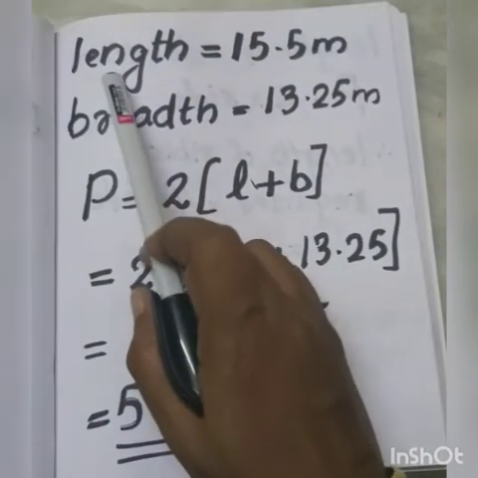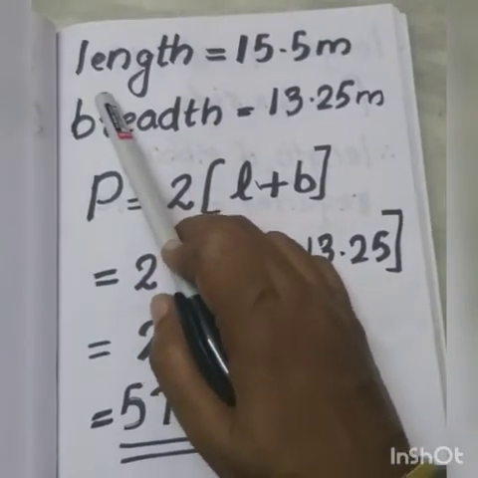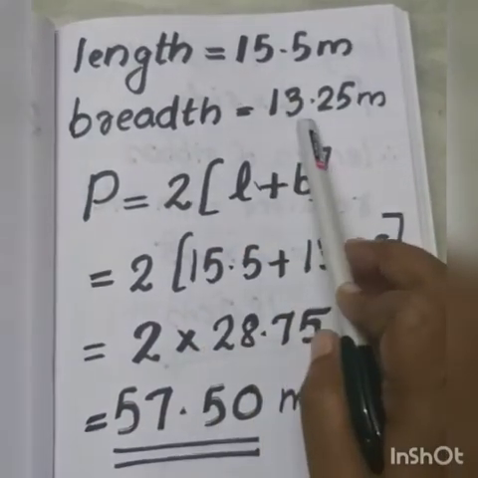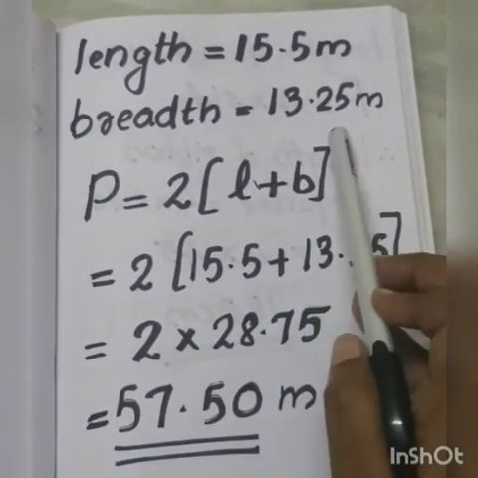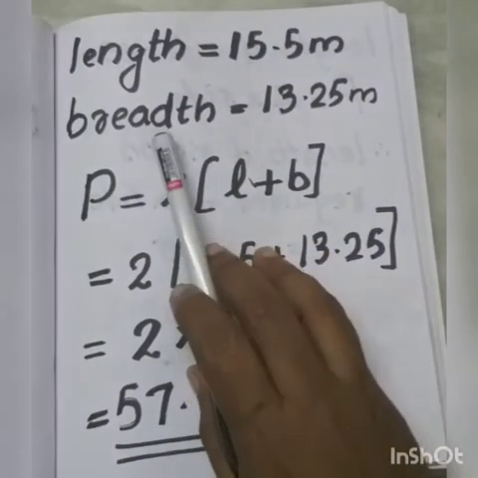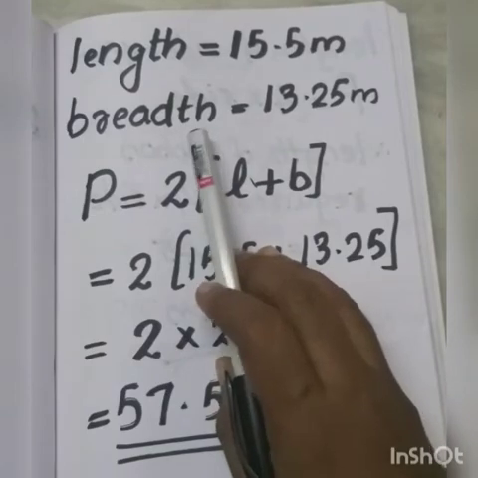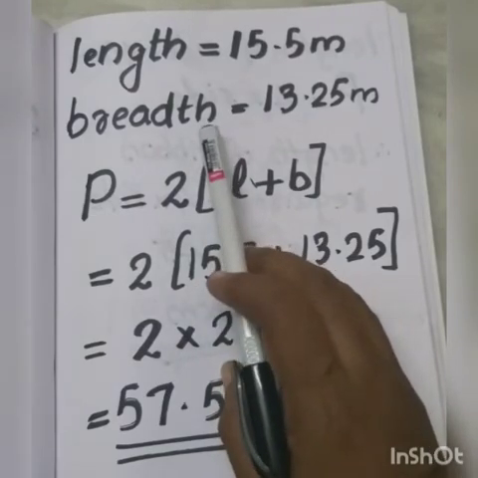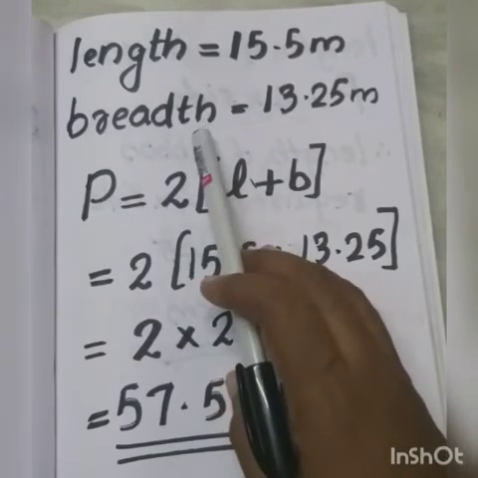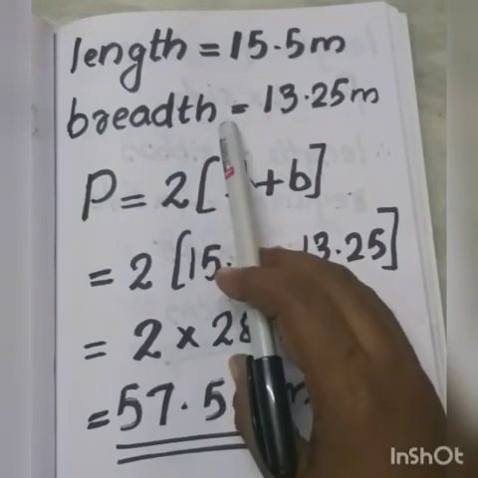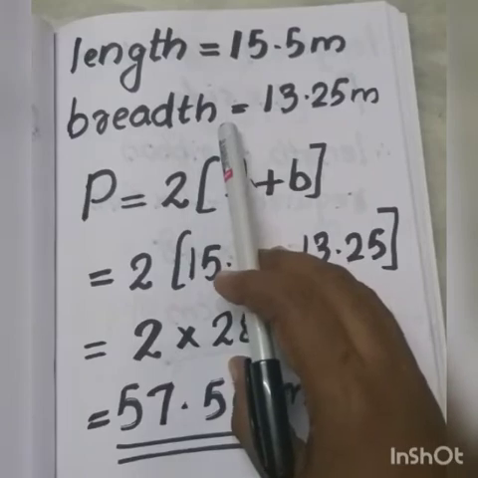As discussed, given that the length of the garden is 15.5 meter and the breadth of the garden is 13.25 meter. It is clearly given in the question that it is a rectangular garden and we are going to fence it. I told you, if it is fencing, we are finding the perimeter of the garden. Since it's a rectangular garden, what is the perimeter of the rectangle?